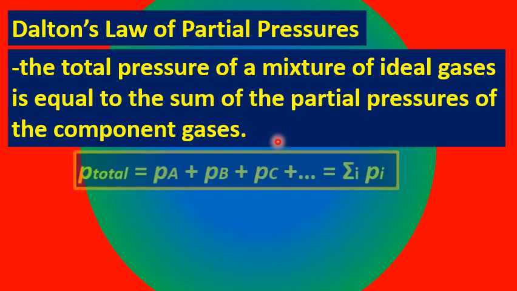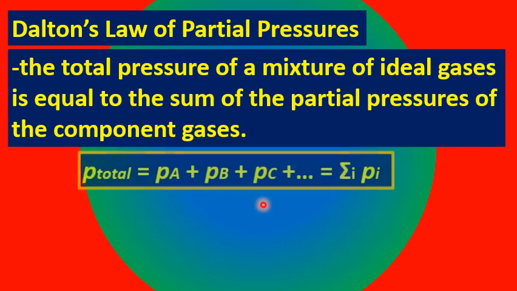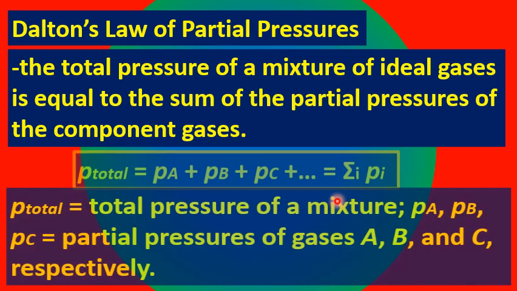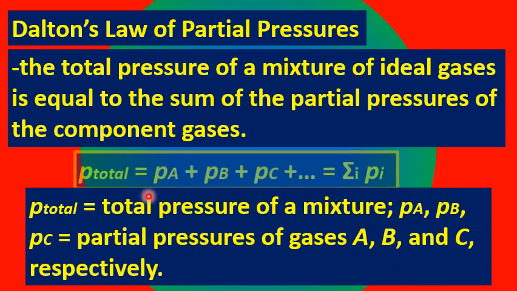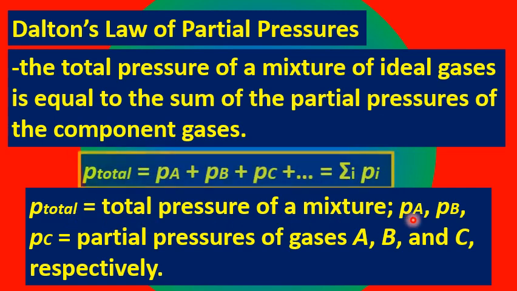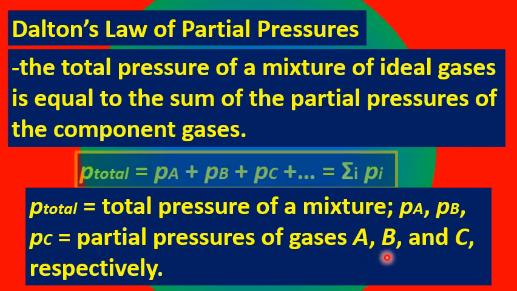In formula form, the total pressure is equal to the sum of the partial pressures of, for example, gases A, B, and C. In this formula, P total refers to the total pressure of a mixture. P sub A, P sub B, and P sub C are the partial pressures of gases A, B, and C, respectively.